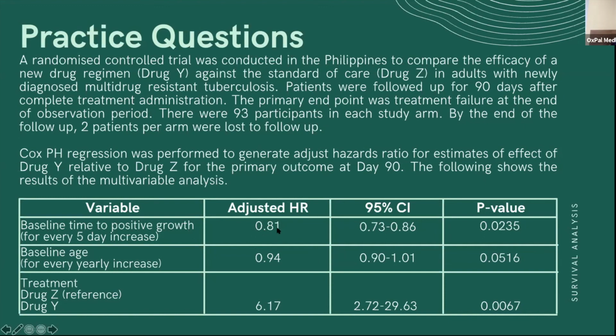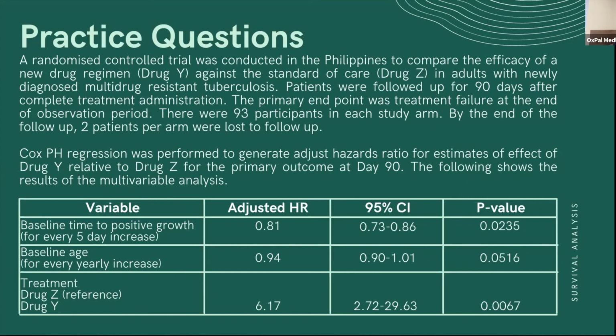For every 5-day increase in the time to positive growth, meaning there is less of the tubercle in that sputum specimen, it's associated with a 19% reduction in treatment failure.